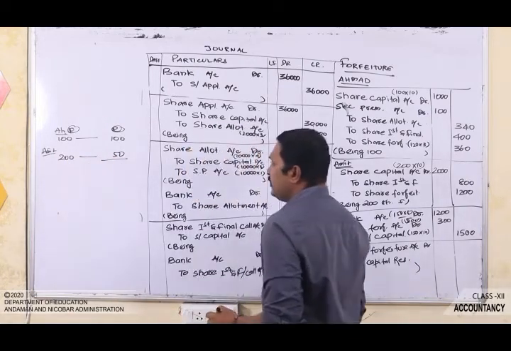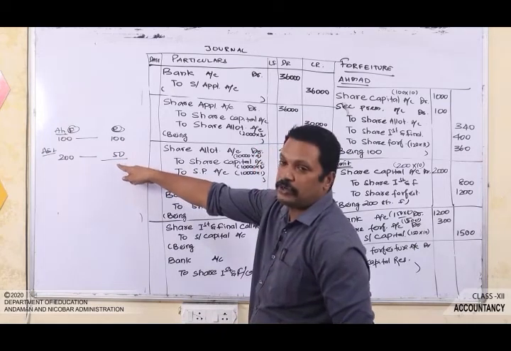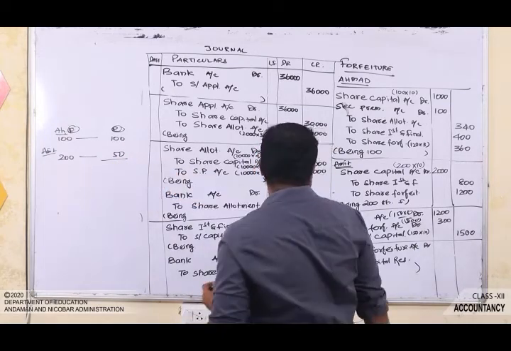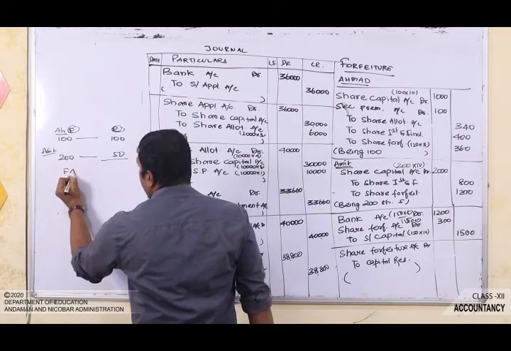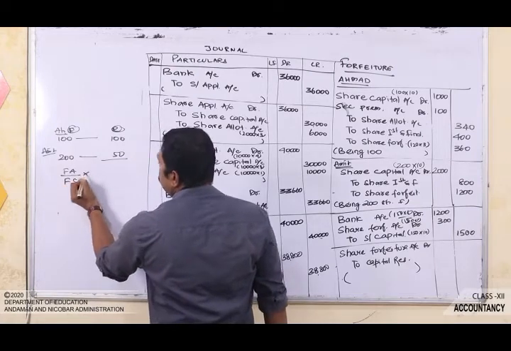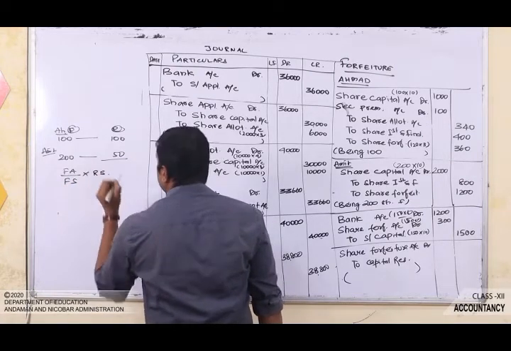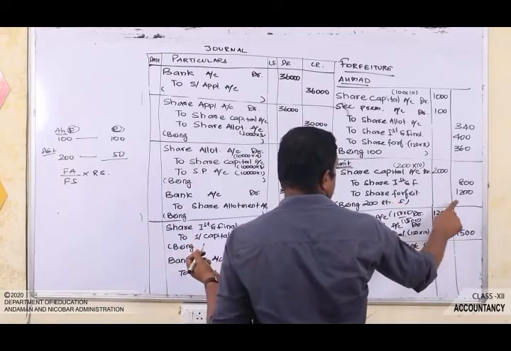Now, there is no problem with Ahmed. We have to reduce the forfeiture amount in proportionate rate. So, how to reduce? The formula is forfeiture amount divided by forfeited shares into reissued shares. Now, what is the forfeiture amount in respect of Amit?